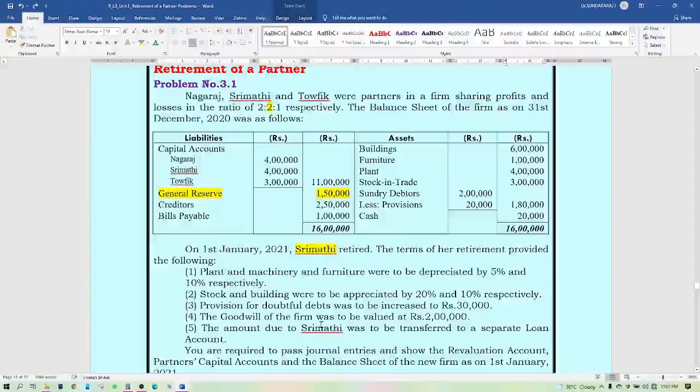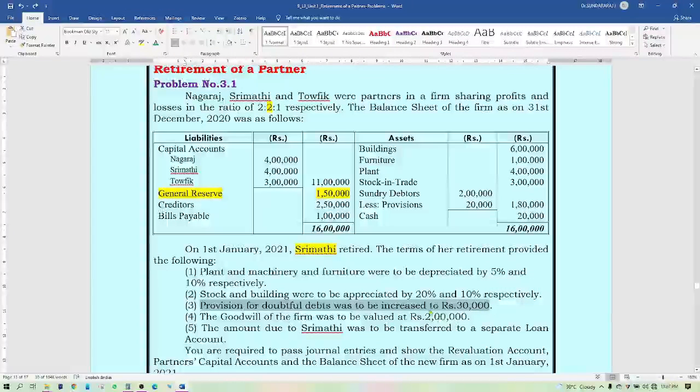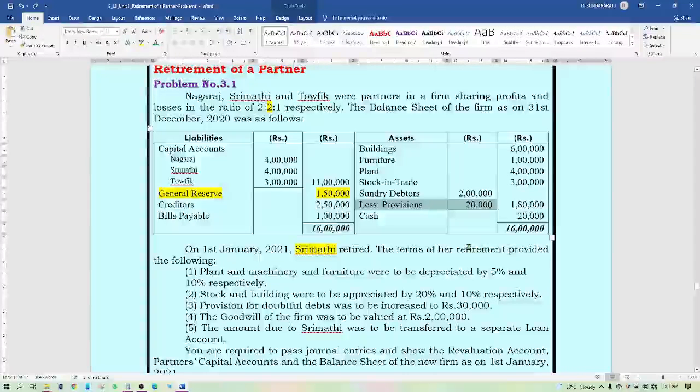The third revaluation related adjustment is provision for doubtful debts was to be increased to 30,000. So they want to increase the provision from the existing 20,000 to 30,000 rupees. Therefore, the difference of 10,000 rupees has to be increased, and since it is an increase in the provision, it is a loss on the revaluation.